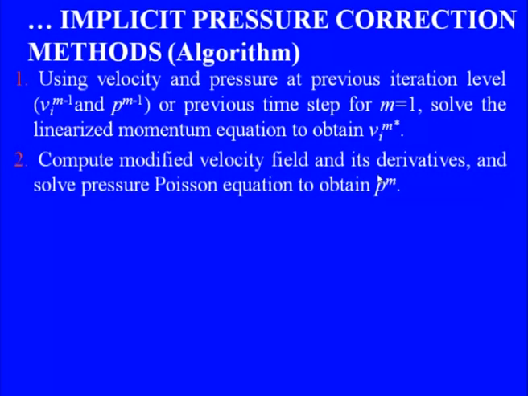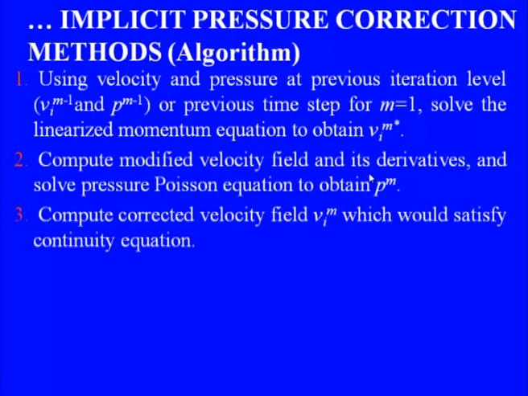Once this Vi m star is known, we will compute the modified velocity field Vi m star tilde and find its derivatives, because that is what would be used in our pressure Poisson equation. Okay. And once that is known, then we can compute the corrected velocity field Vim, which would satisfy the continuity equation.